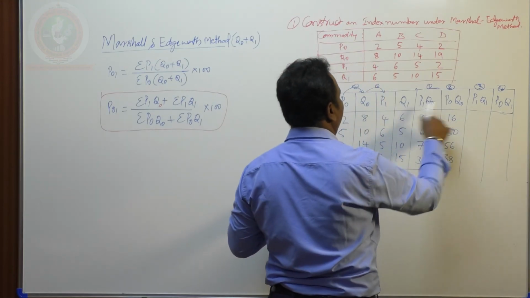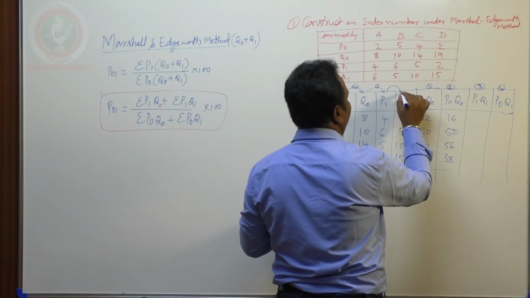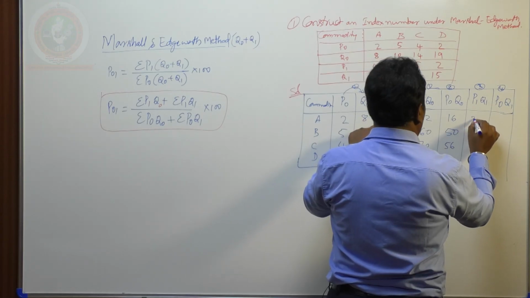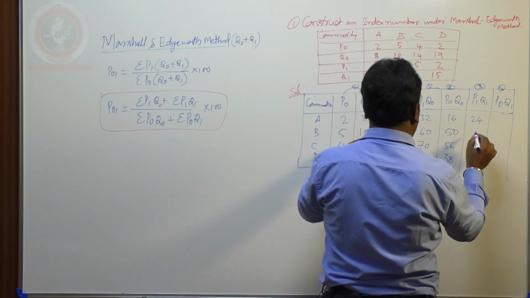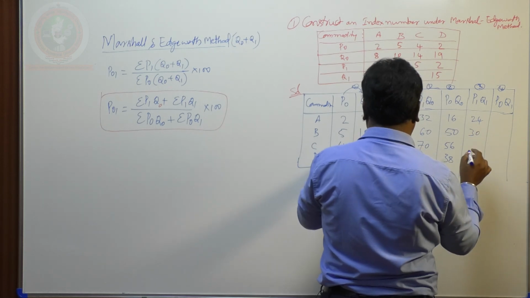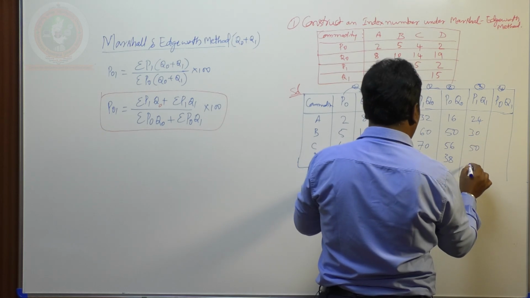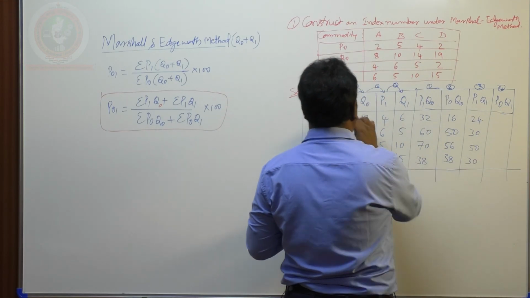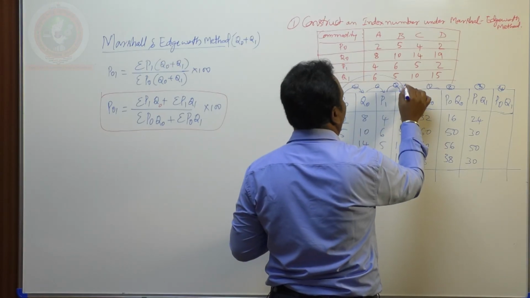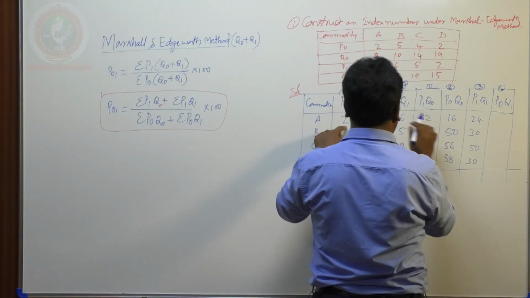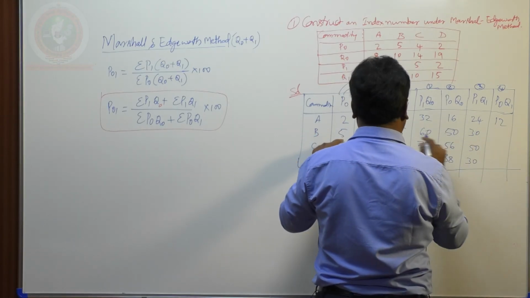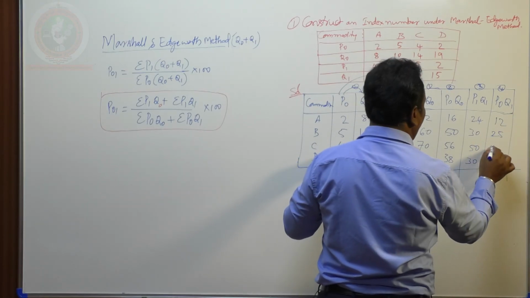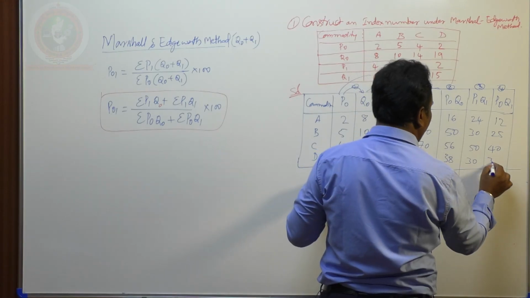Then the third one is P1 Q1: 4 into 6 is 24, 6 into 5 is 30, 5 into 10 is 50, 2 into 15 is 30. The last one is P0 Q1: 2 into 6 is 12, 5 into 5 is 25, 4 into 10 is 40, 2 into 15 is 30.